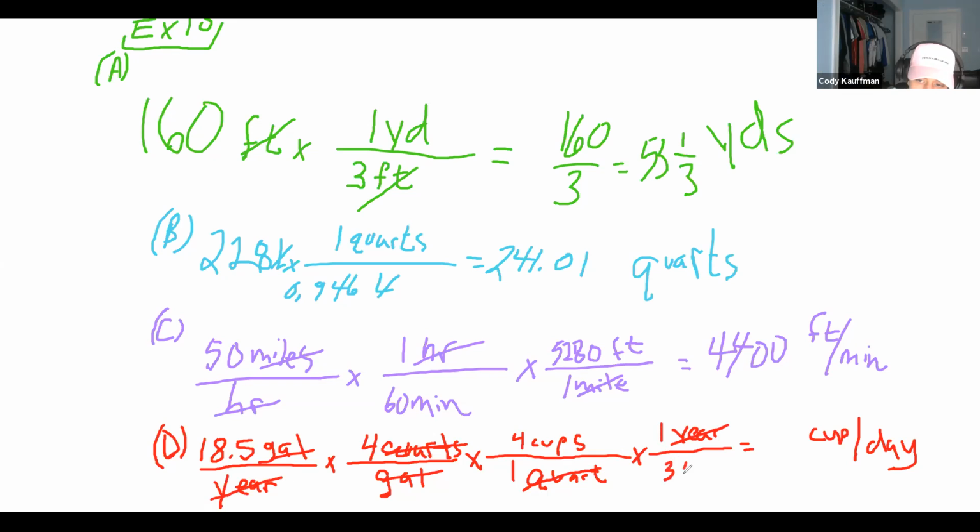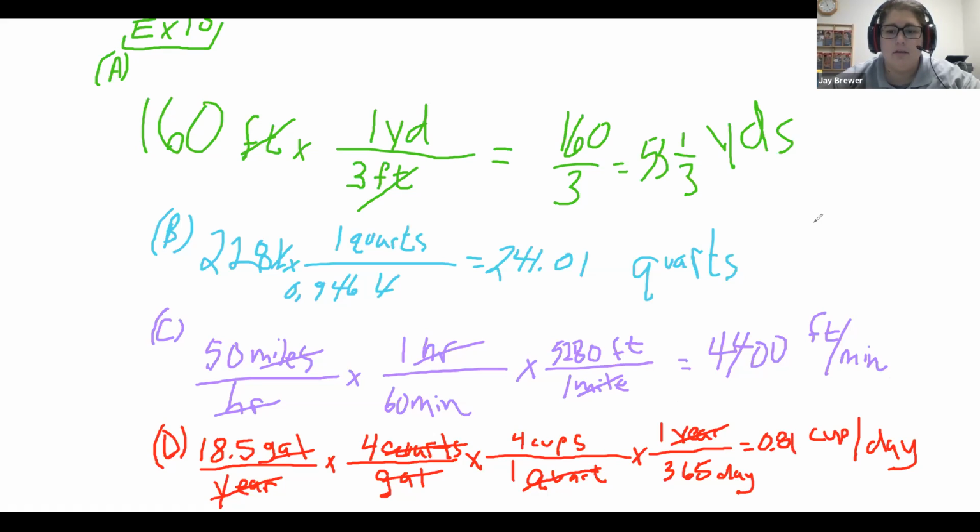Yep. All right. So if you go ahead and plug that in, you'll get 18.5 times 4 times 4 divided by 365, and you're going to end up with 0.81 cups per day. Okay, or cup per day.